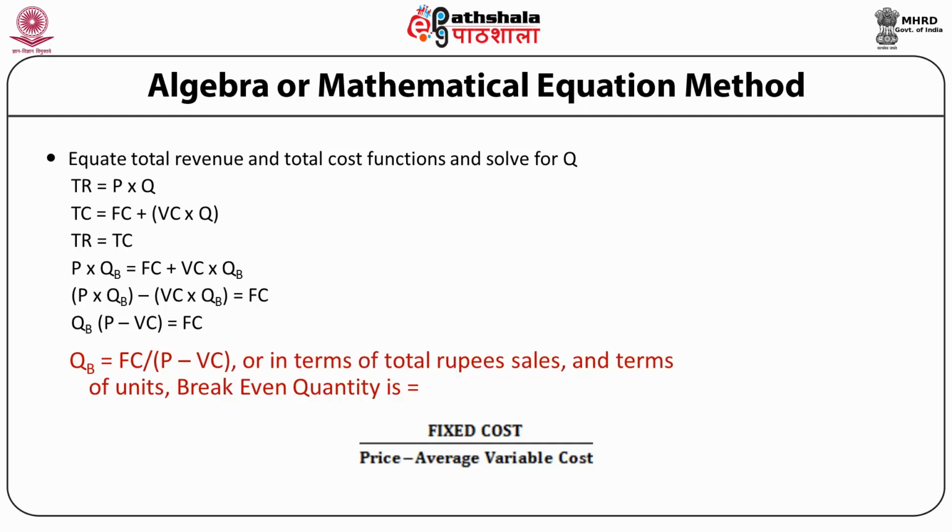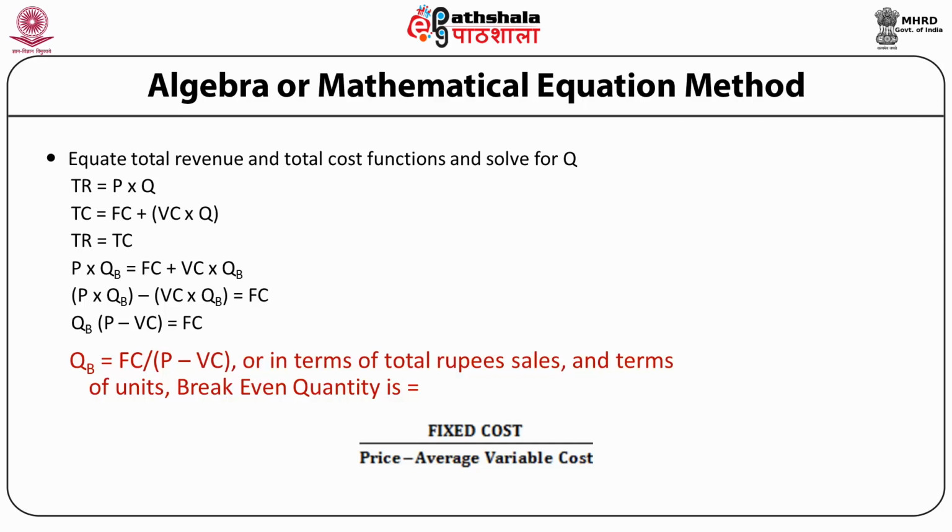And the total cost is equal to total fixed cost plus total variable cost. The total variable cost is equal to total output multiplied by variable cost per unit, that is, average variable cost per unit. So total cost is equal to total fixed cost plus quantity into average variable cost per unit.